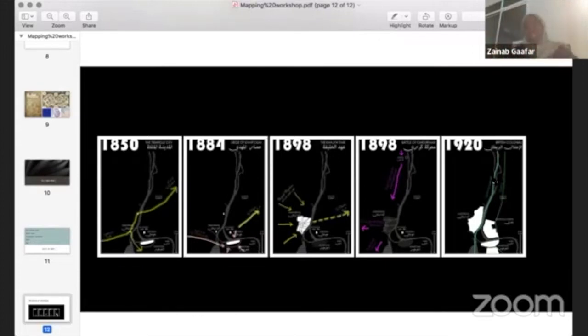But as we know, with any story, there are facts and there are incidents that happen, but it always differs depending on how you narrate it or how you make people focus.